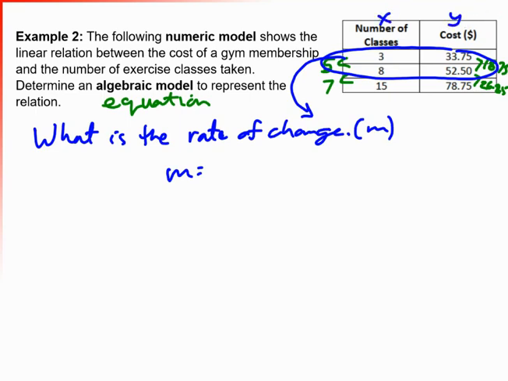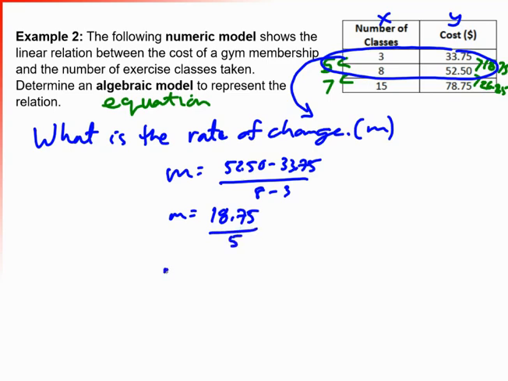The rise is on top. So we have 5250 minus 3375 over 8 minus 3. And so what do we get? Well, we already did the math over here. So 1875 divided by 5 is 375. So that's our slope. Okay, that's how much it is per exercise class.